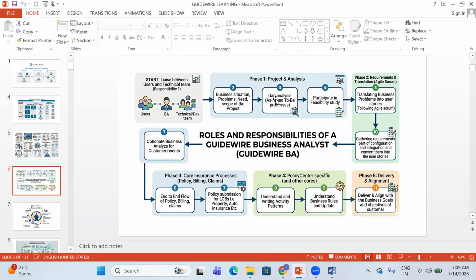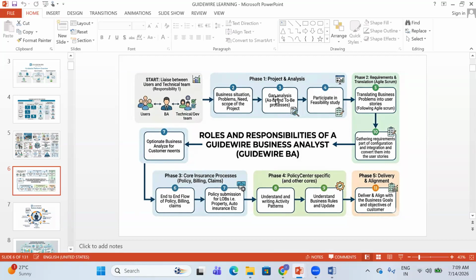For that, what are the requirements? We take assumption-based examples, as I just gave. Let's say a customer has applied for auto insurance, and we identified in the driver's history that the customer has two or three pending traffic challans.